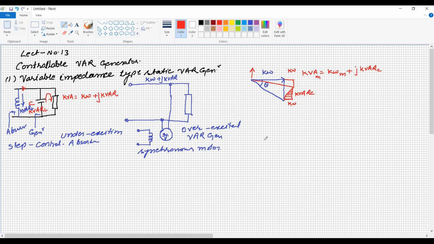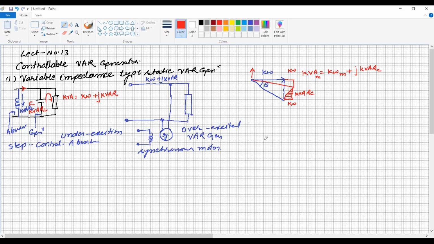Second is that it is a completely static one, so it acts as a static switch. Means when the SCRs or power semiconductor valves are completely conducting, they become a switch, and turn on and turn off by delay angle. So hence it is possible to control the VAR generation or VAR absorption.